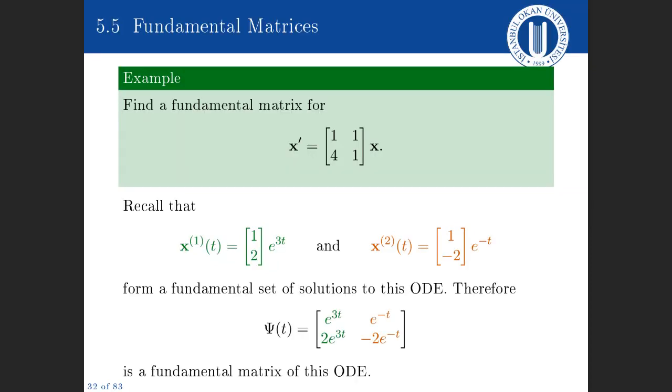The first column, e to the power 3t, so that's 1 multiplied by e to the power 3t, and the second entry in the first column is 2 multiplied by e to the power 3t. And then we do the same thing for the right-hand column: 1 e to the power minus t, minus 2 e to the power minus t. And that is it. We just take our fundamental set of solutions and we use them as the columns of the fundamental matrix.